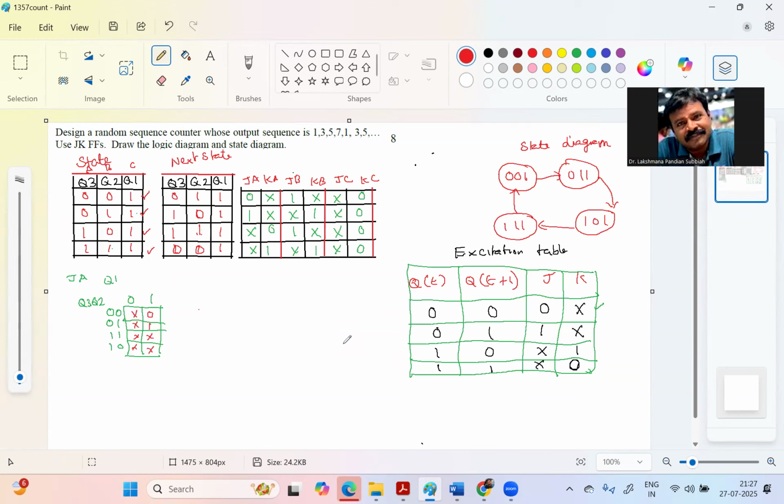Okay. Now we are going to do the grouping. Here these four can be grouped together.